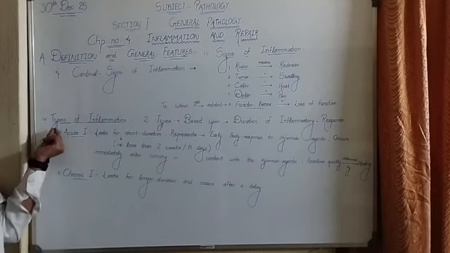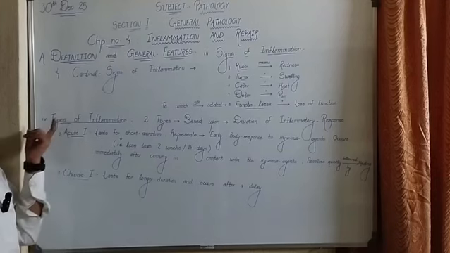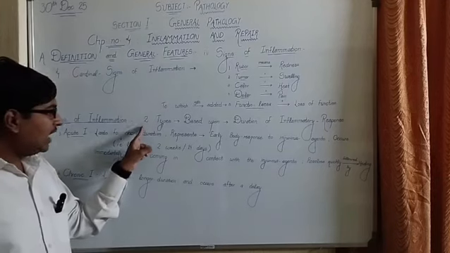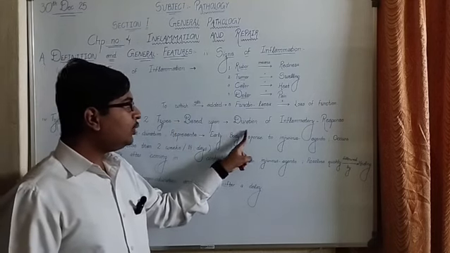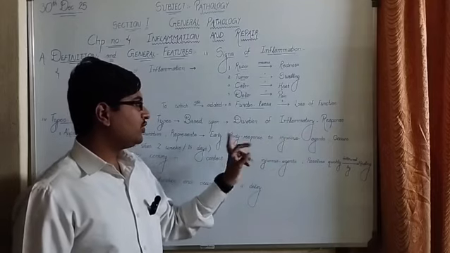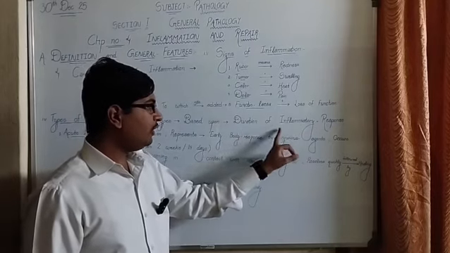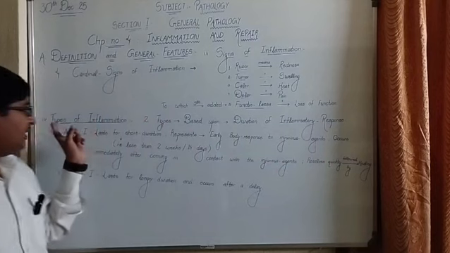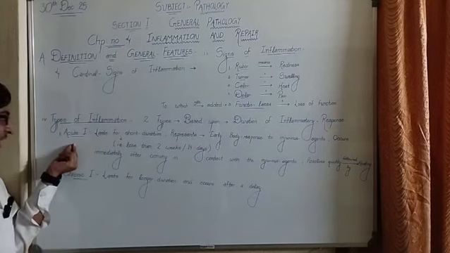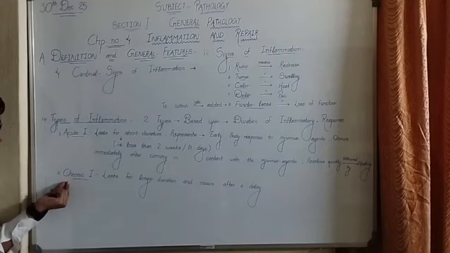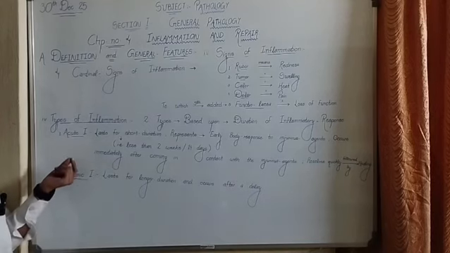The fourth point is types of inflammation. Basically, there are two types of inflammation based upon the duration of inflammatory response. First is acute inflammation, and second is chronic inflammation.